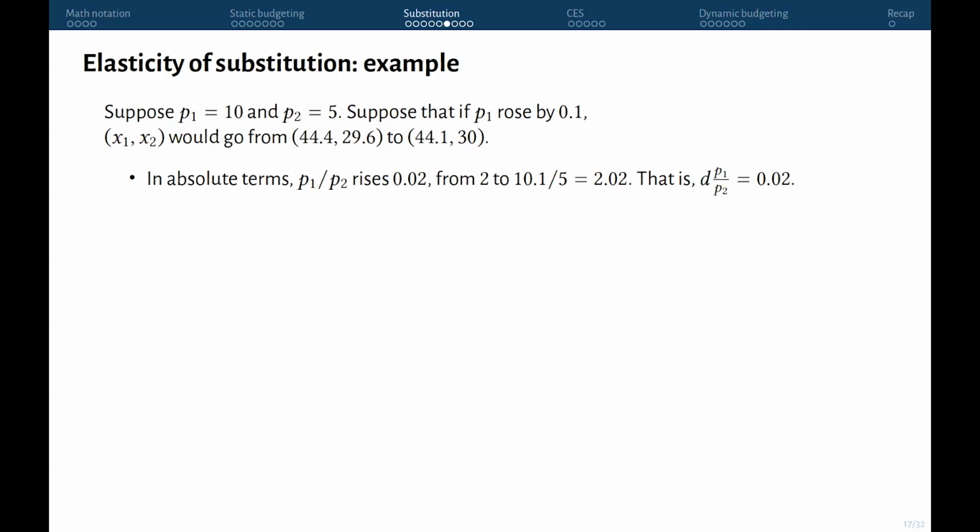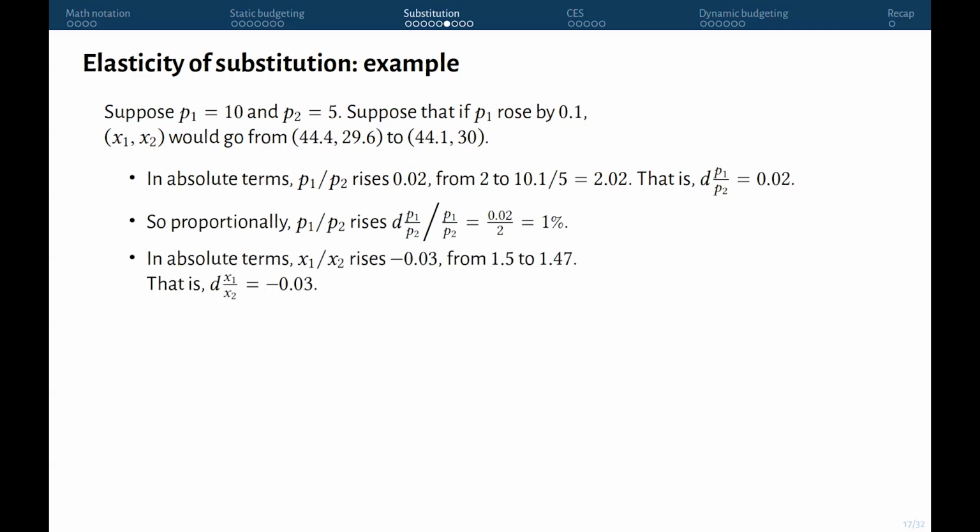In this example, the price ratio grows by 1% because the price of good one rises by 1%, but it's already double the price of good two. So the ratio is going from 2 to 2.02. So in absolute terms, the price ratio is rising by 0.02. Proportionally, the price ratio is rising by 1%, right?